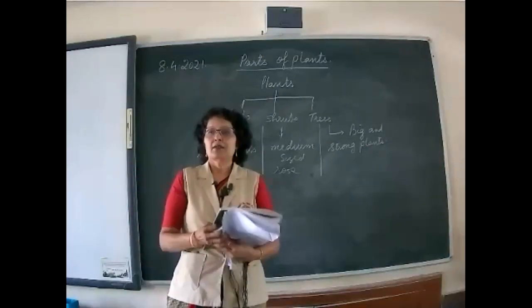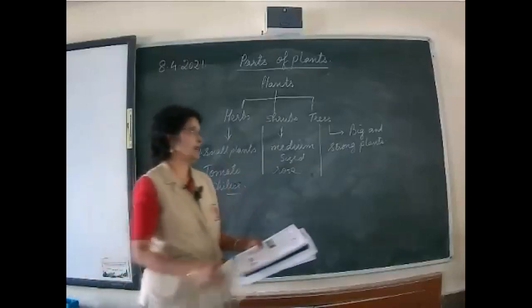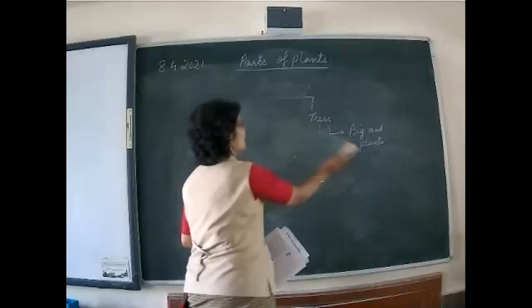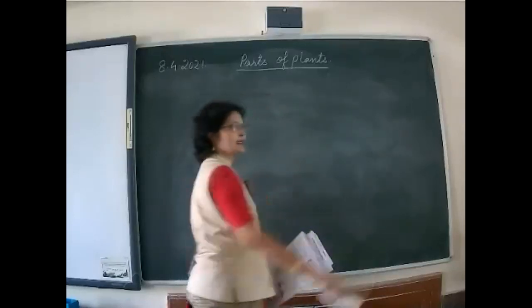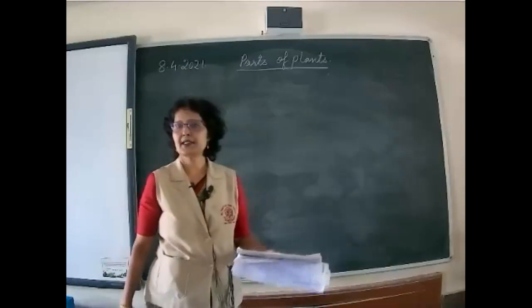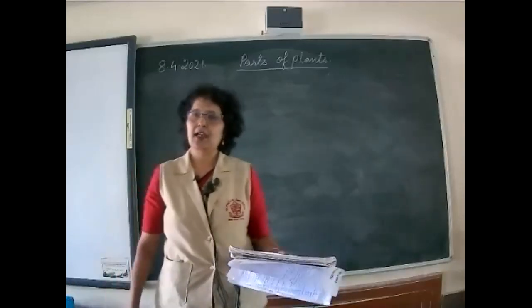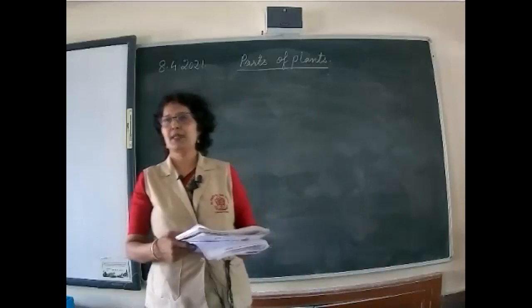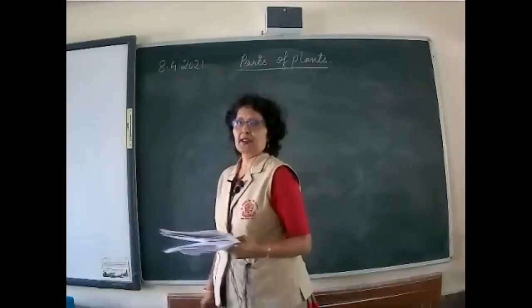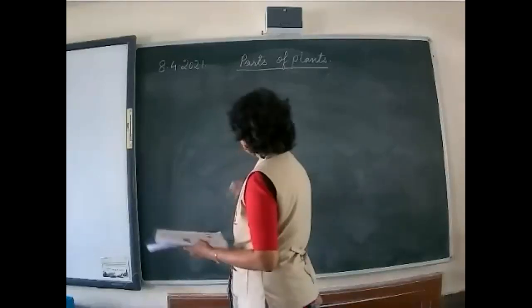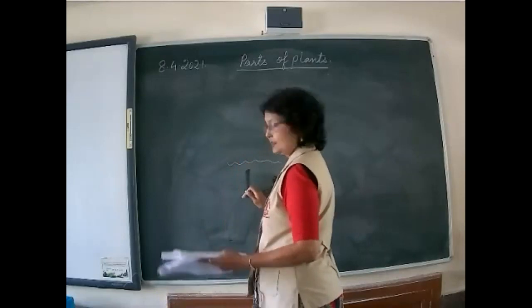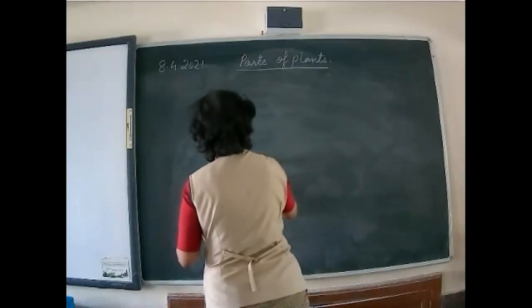Now, when we come to the plant, we'll start with plant. What is a plant? When we look around, we see many plants. They are big and small. So we have done big plants. They are trees. The medium-sized plants are shrubs, and very small plants are herbs. Now, a plant is made up of 2 parts. This is below the ground.